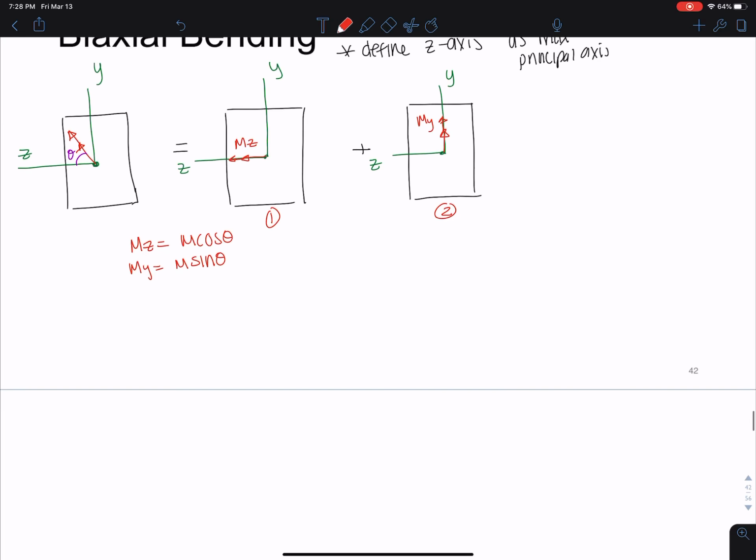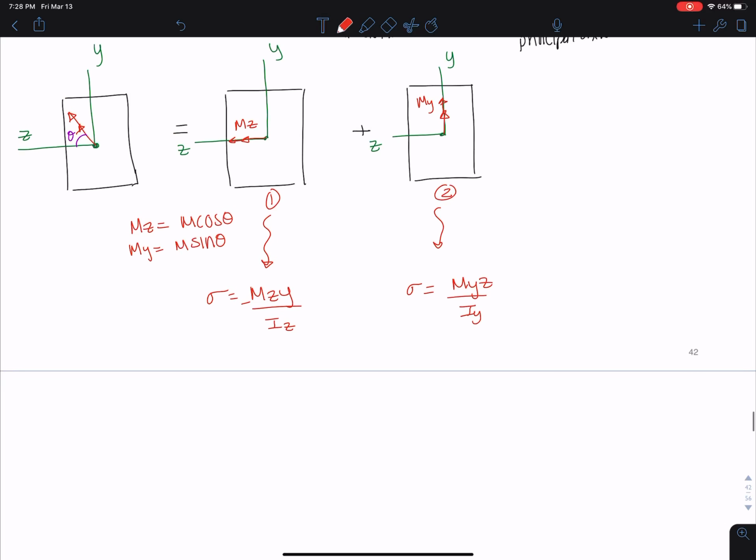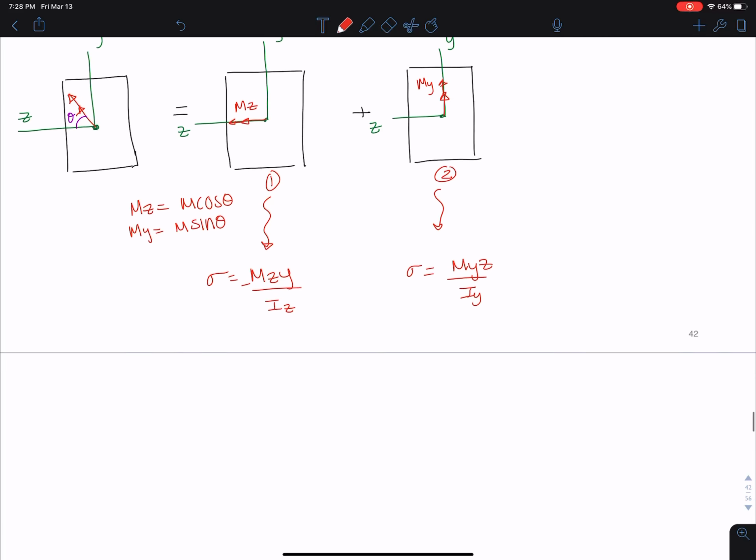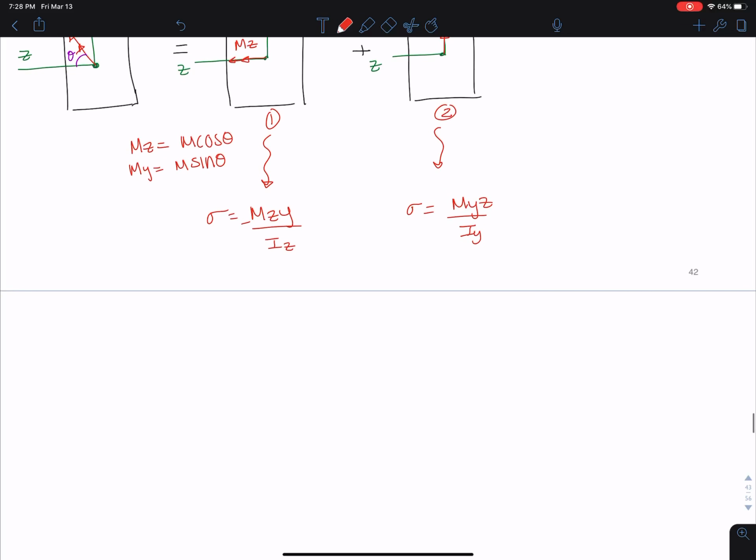And we know that bending moment causes normal stress. So for 1 here, I would have sigma equals Mz y over Iz. This is negative. And here I'd have sigma equals My z over Iy. Okay. This is negative because it's the left. This is positive because it's up. And then here, same as before, I'm going to add the two.